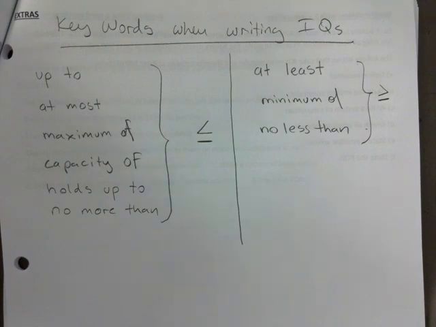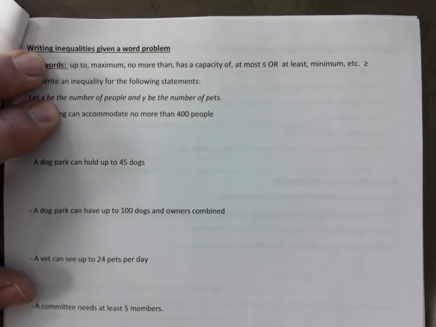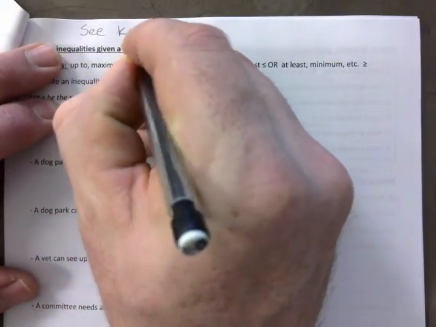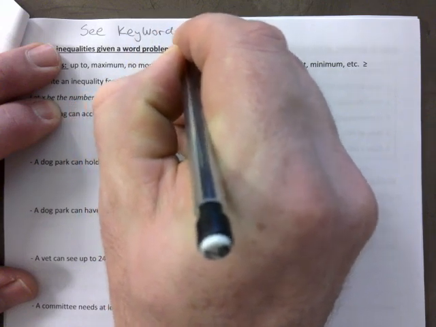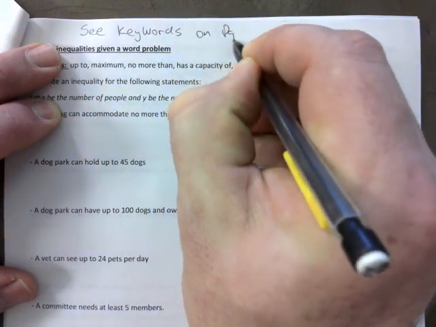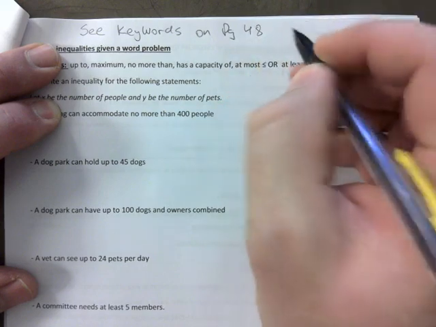You got this down? I'm going to go back to 42 now. And I'm going to tell myself on 42, at the top, see keywords on page 48.